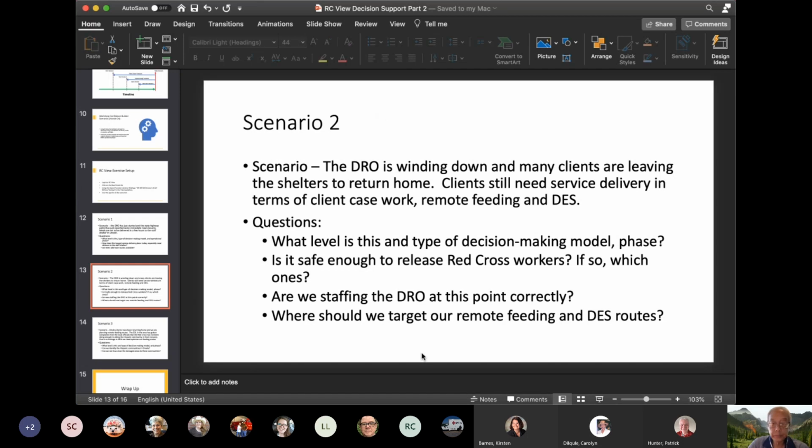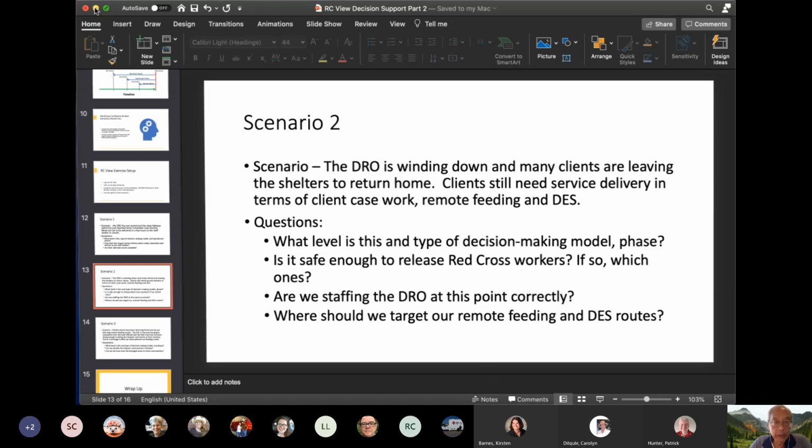So if I'm the job director or AD of ops, I need to have some harder data than just what I think is out there. So they're going to turn to RCView.